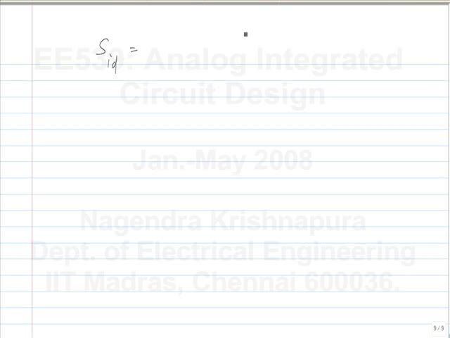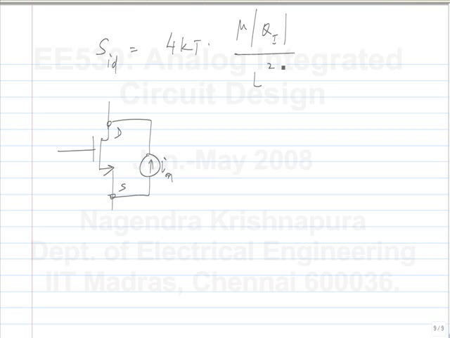The noise of a MOSFET can be represented by a current source between drain and source, and the spectral density of this current source is given by this expression, where mu is the mobility and Qi is the inversion charge in the channel.